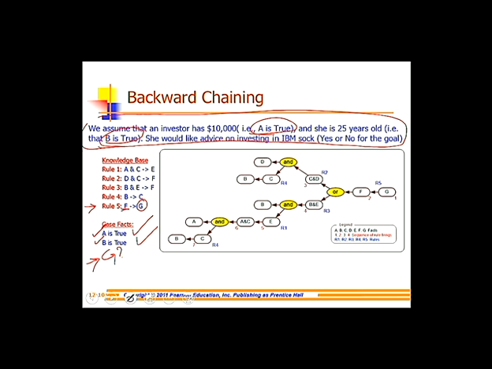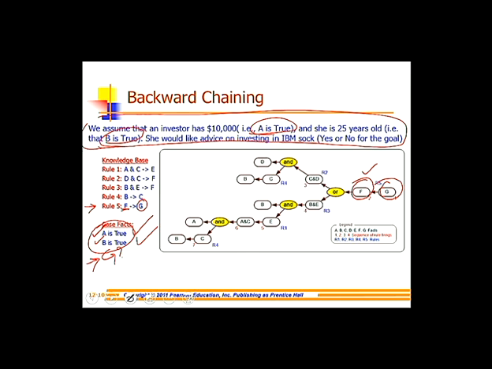Now check in the case facts whether F is known or not. F is not known. We only know about A and B. G can be answered by knowing F, but F is not known. So our second goal is F. Now look for the rules in which F appears in the then part.